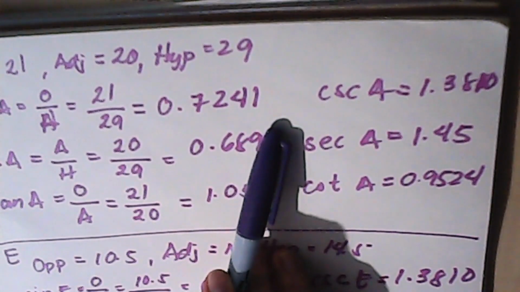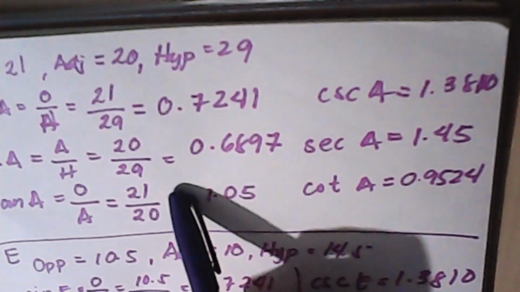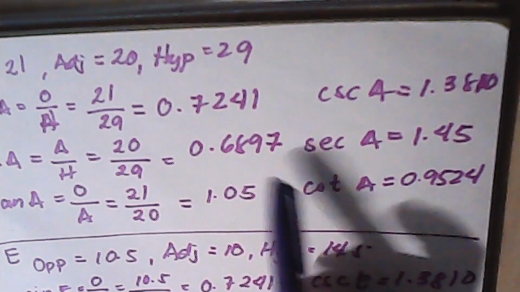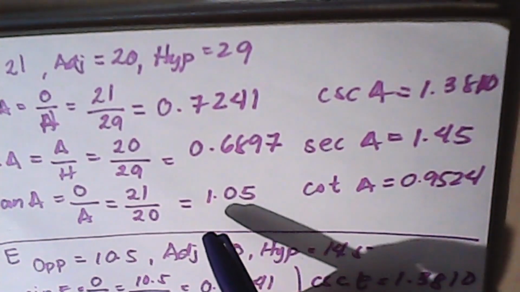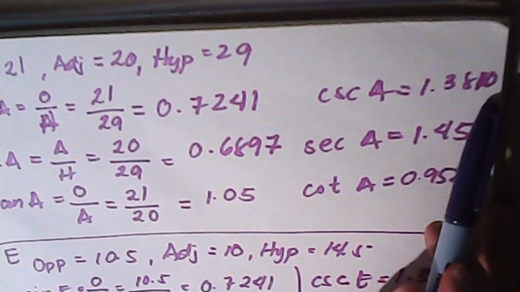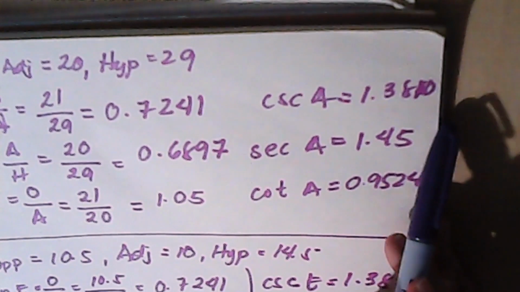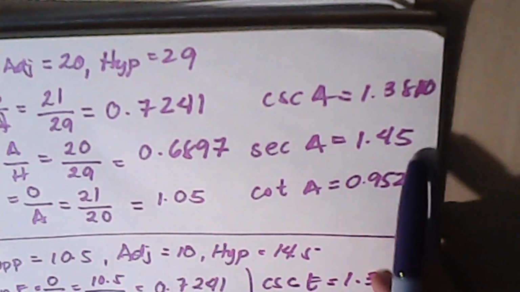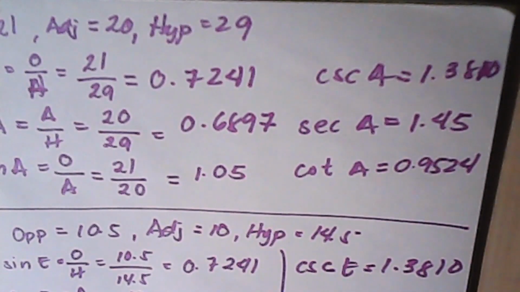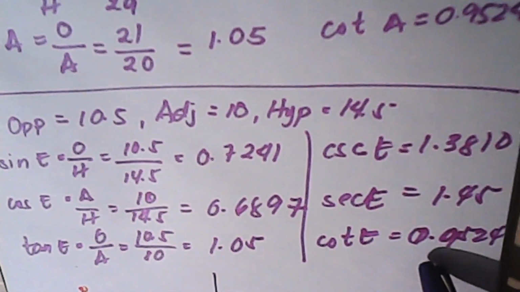Sine are both 0.7241. Cosine are both 0.6897. Their tangents are both 1.05. Cosecant are both 1.3810. Secant are both 1.45. And cotangent are both 0.9524.